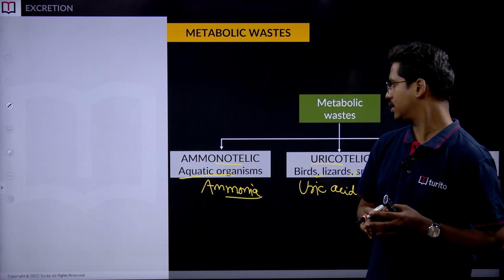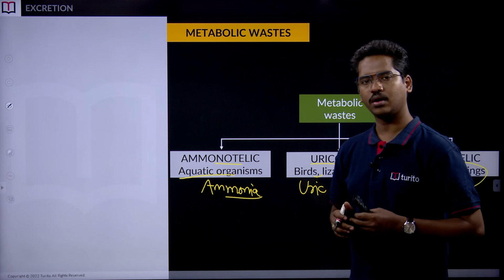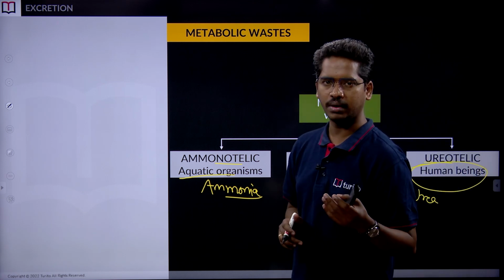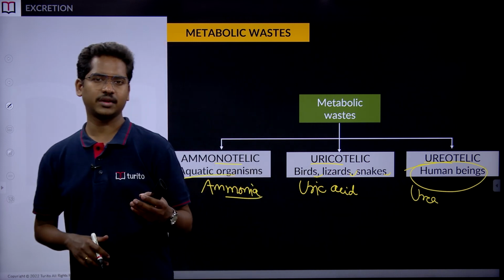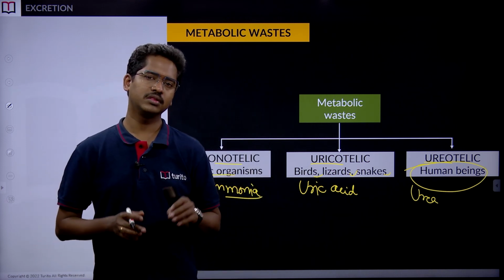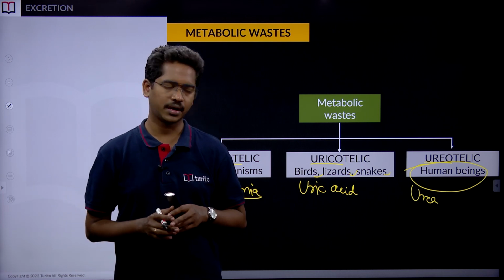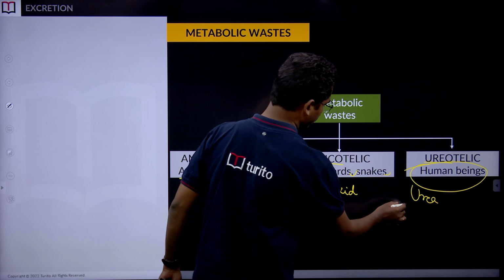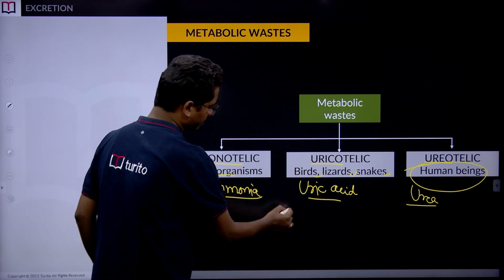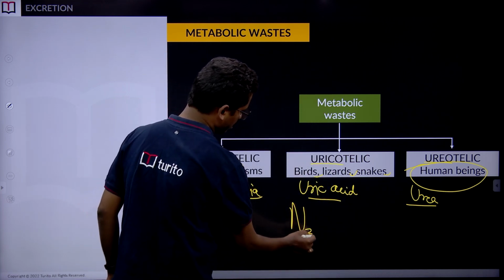You can understand that metabolic wastes or excretion mainly involves removal of the excretory products, that is the wastes which mainly contain nitrogen. So, if you observe ammonia, uric acid and urea, all three of them contain nitrogen.